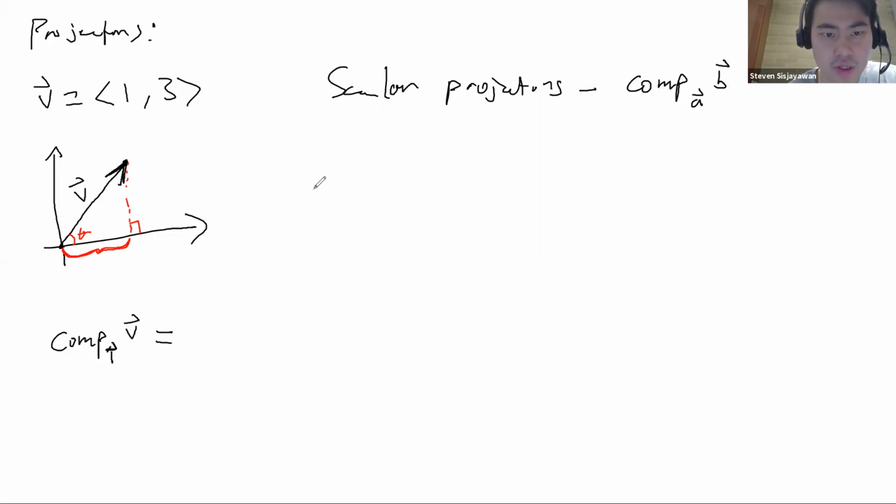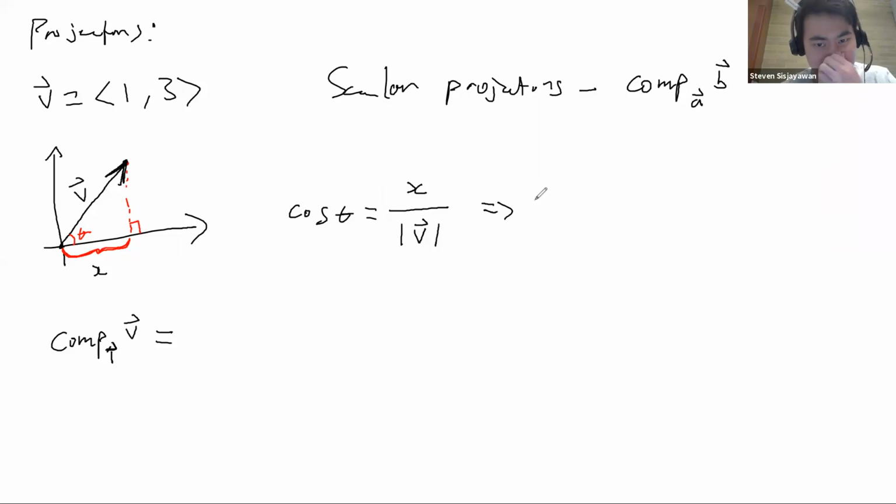Cosine theta is going to equal the x component over the magnitude of v. And so x is going to equal the magnitude of v times cosine theta.